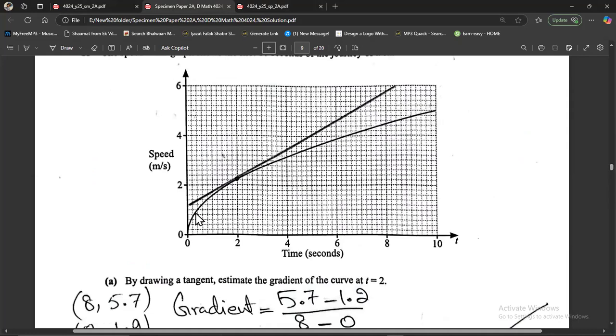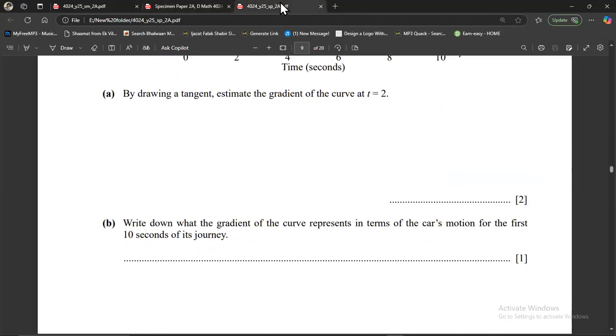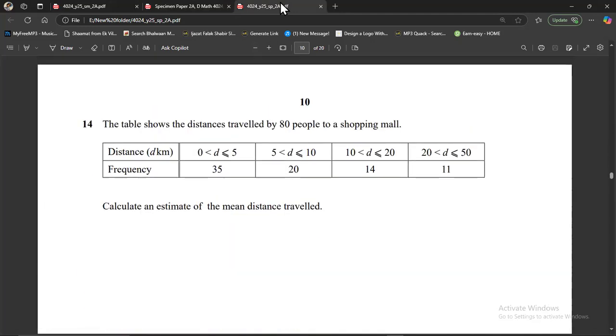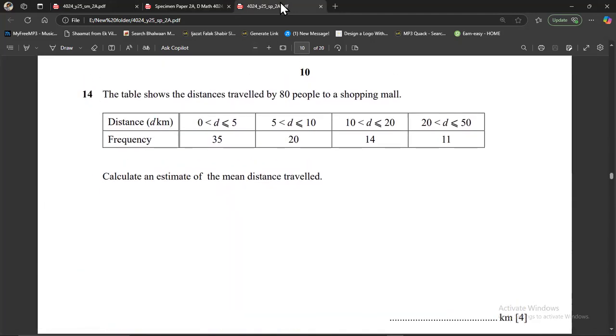The gradient of this curve is gradually decreasing from 0 to 10. The gradient is decreasing, speed is increasing. That means the acceleration is larger at the start, the acceleration is gradually decreasing, but the speed continues to increase. So the gradient represents the acceleration, which means the speed of the car is increasing.